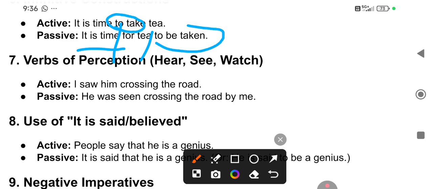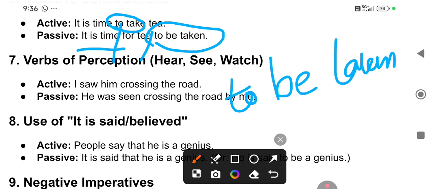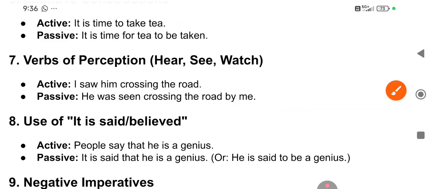I told you that you have to use one helping verb and the third form of the main verb in every kind of sentence. So here we are following the same: to, then be taken. To be taken, to be gone, to be written.